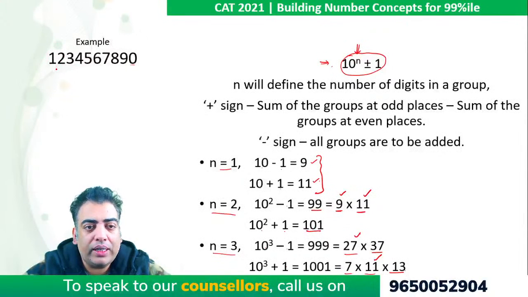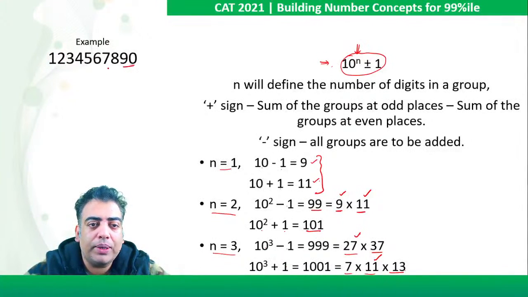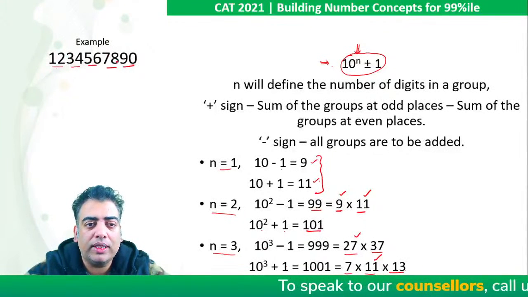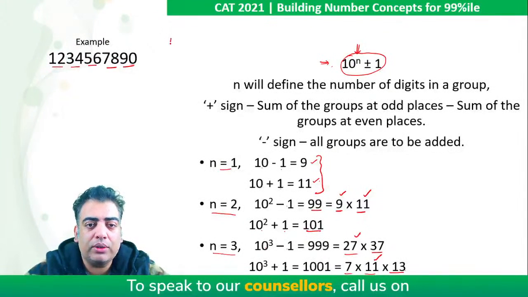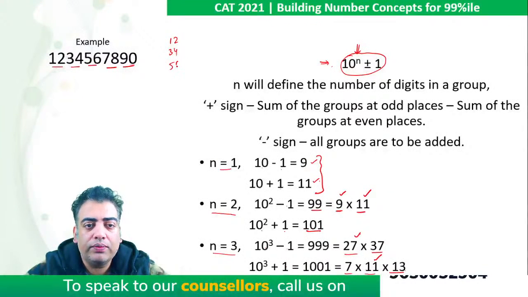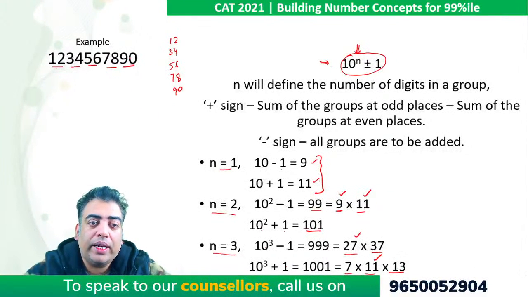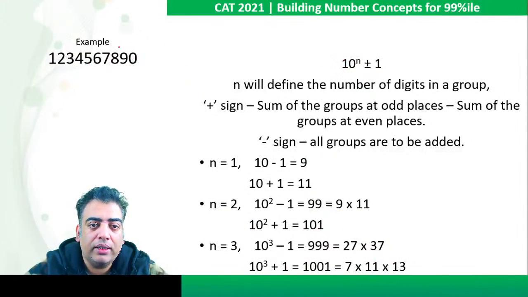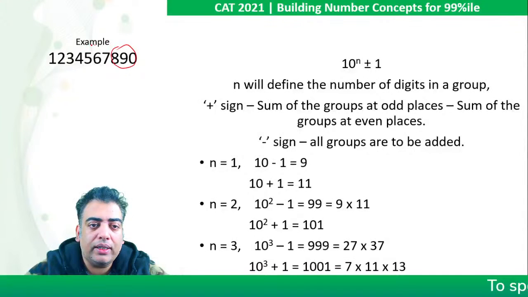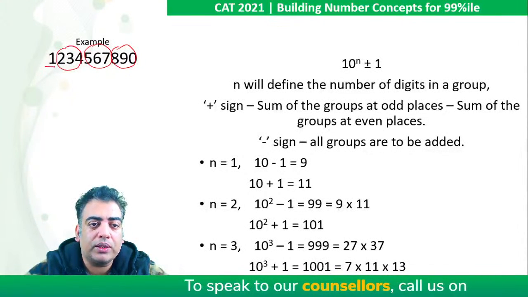Instead of taking one digit at a time, you can also take pairs of digits in case of 9 and add all these pairs, which means you need to add 12, 34, 56, 78 and 90. We can also make groups of 3. So in case of 9, you can also take 890 plus 567 plus 234 plus 1.